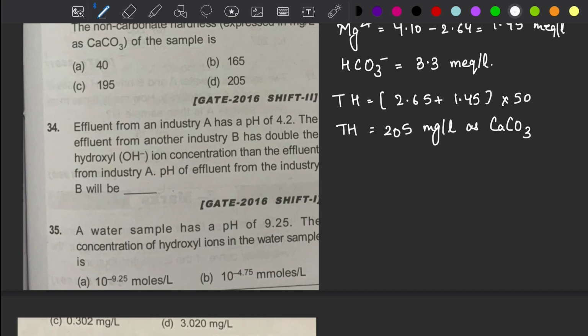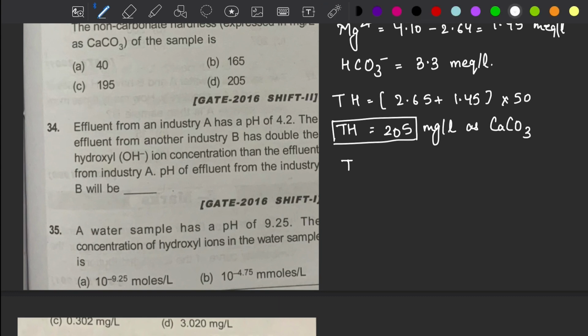This value is there in the options. If in a hurry we tick on this because we got some answer, then it will be wrong. So we need to be cautious before ticking any answer. So this is total hardness.